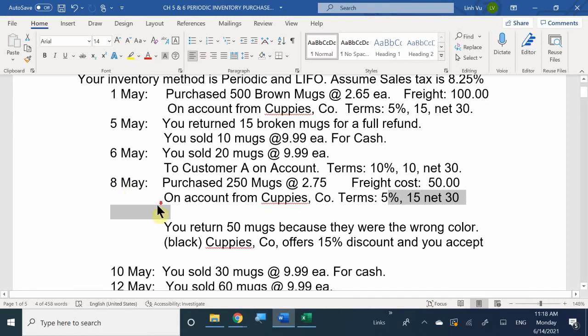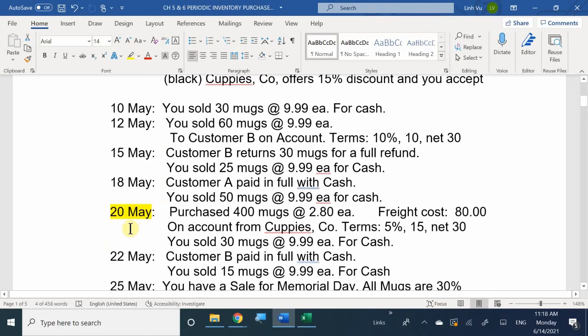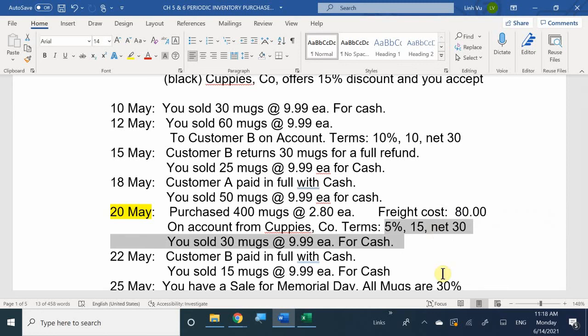Last but not least, we purchased on May 20th. In this case, do we get a discount? Yes, because I have until June to pay this off to get our discount. 15 days from May 20th gives you about June 5th.